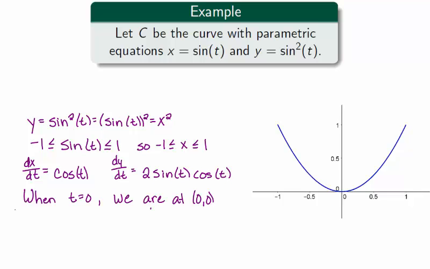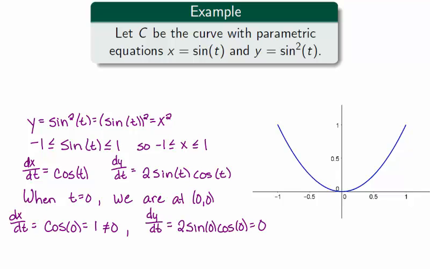Notice that when t equals 0, we are at the point (0, 0), and dx/dt equals cosine of 0, which equals 1, which does not equal 0, while dy/dt equals 2 sine of 0 cosine of 0, which equals 0. So we have a horizontal tangent at the point (0, 0), as indicated by the graph.